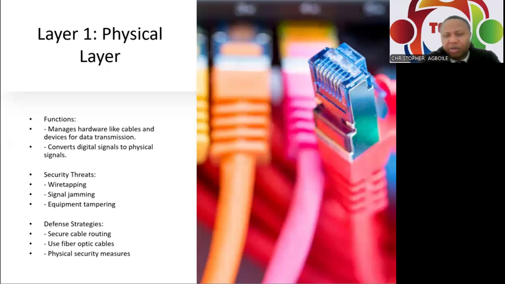Another threat to layer one is physical equipment tampering. What does that mean? People can go and damage the cable, or sabotage or damage network equipment.